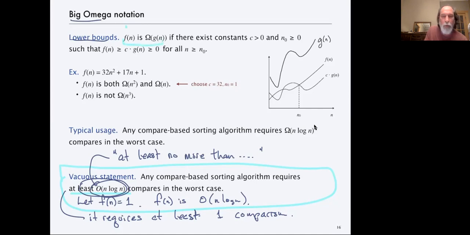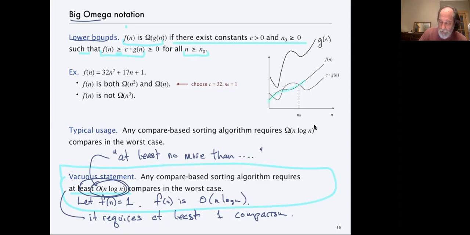F of n is big omega of g of n if there exist positive constants C and n naught such that f of n is at least C times g of n whenever n is bigger than n naught. The only thing that's changed here is the direction of the inequality. It's changed from an upper bound to a lower bound. So the intuition here is very similar. It's just the dual.